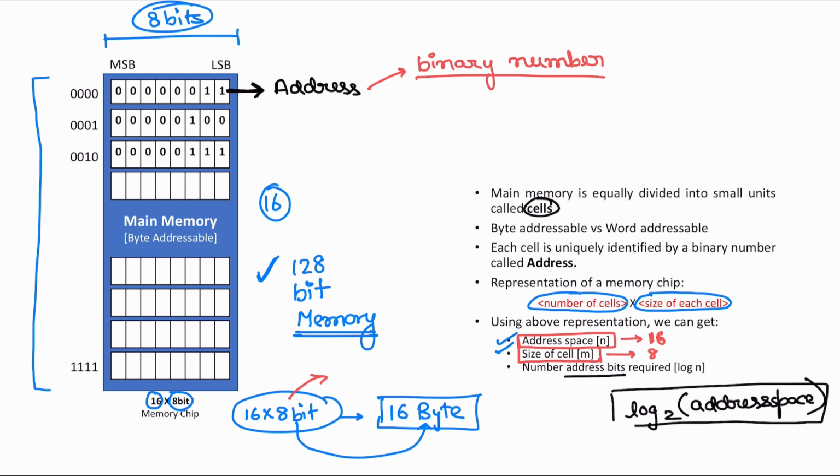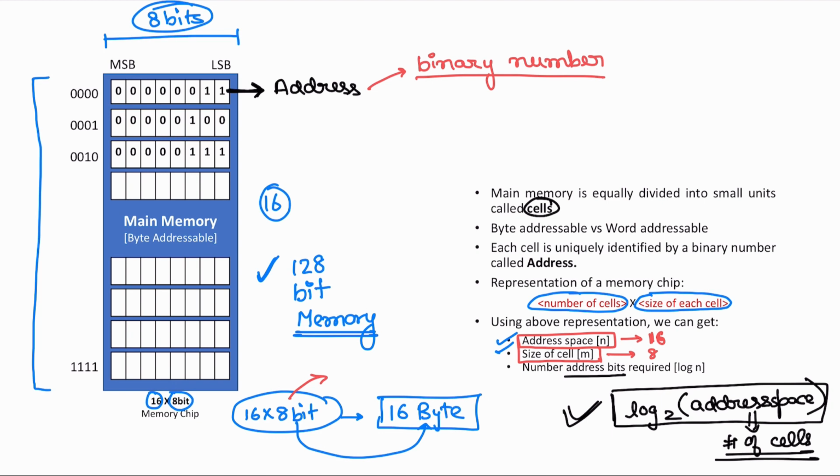Address space is nothing but the number of cells, so log of the number of cells base 2. This is the number of address bits. I think this is clear.